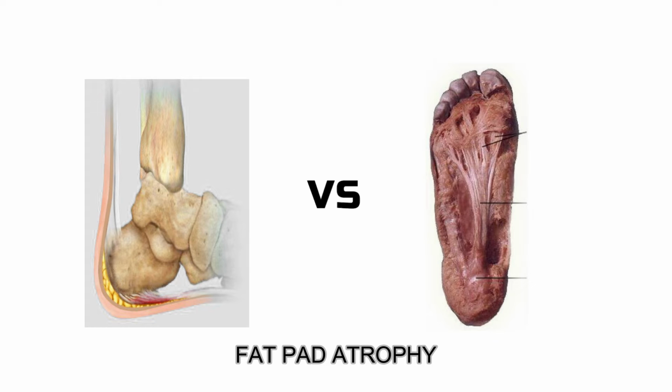So the first one that we're gonna look at is fat pad atrophy. There's a cushion underneath our foot, which we call the fat pad, and it gets irritated or degenerates through time. Whenever we bear weight on our foot, that fat pad provides cushion so that we won't feel the pressure all the way to the bones of our feet.